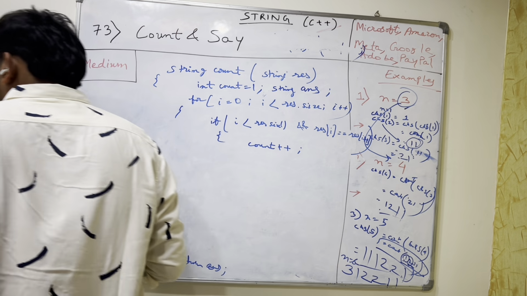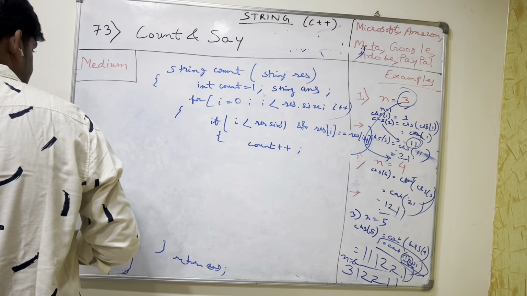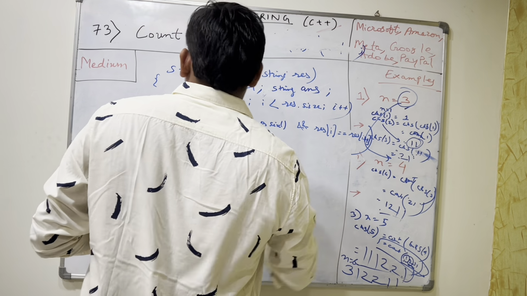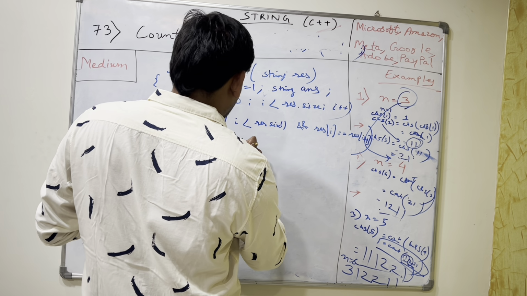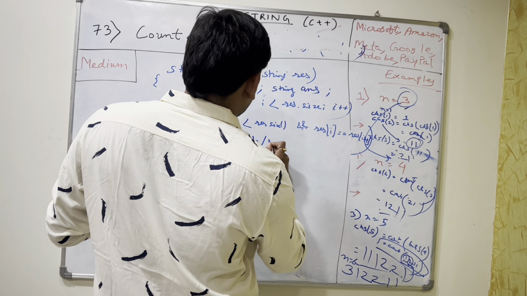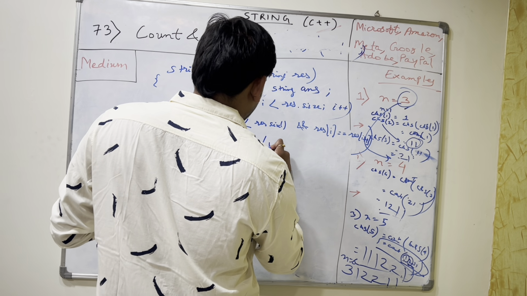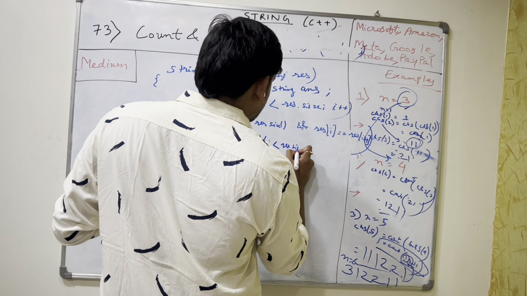So let it be like this. You'll understand it while I say. First I got this condition, till what time is this condition valid? While i less than res dot size.